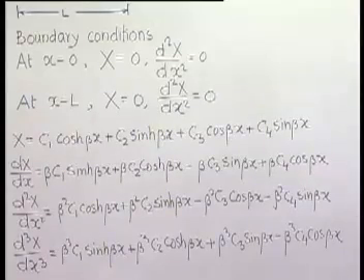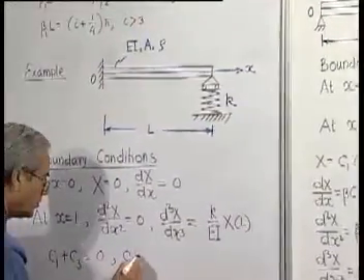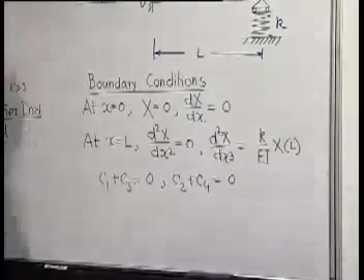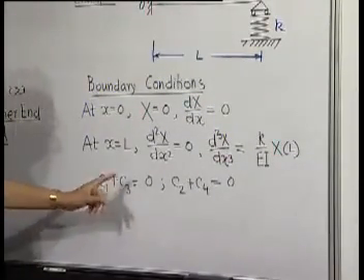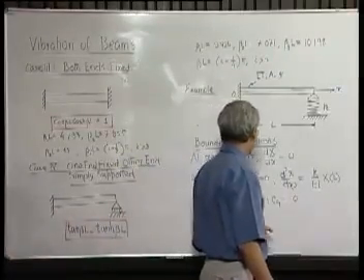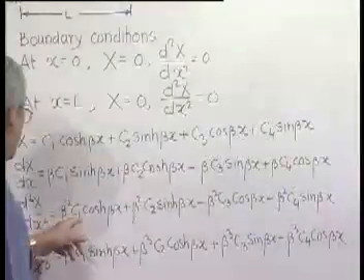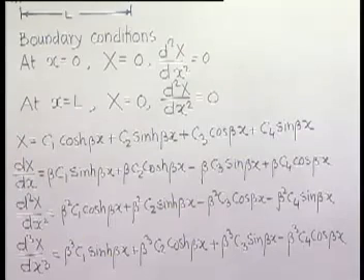Beta into C2 plus beta into C4 is 0, beta goes, so therefore C2 plus C4 is also equal to 0. So just like the previous case, we can express C3 as minus C1, C4 as minus C2, and then d2x by dx square and d3x by dx cube can be expressed in terms of only C1 and C2.